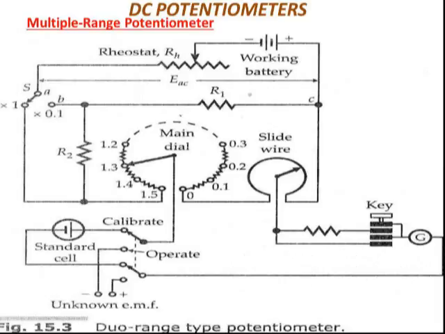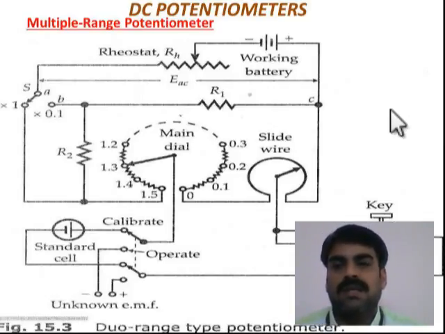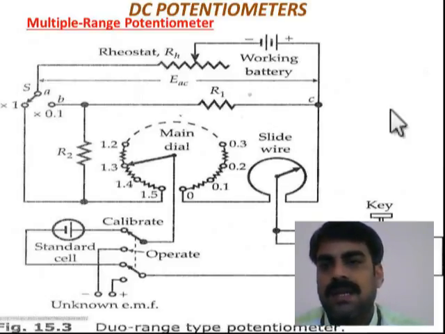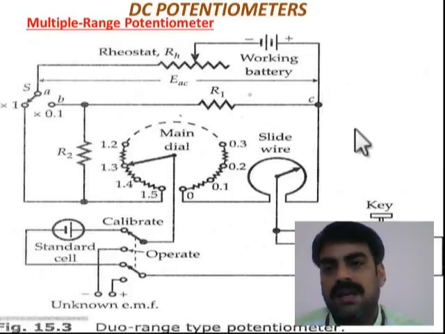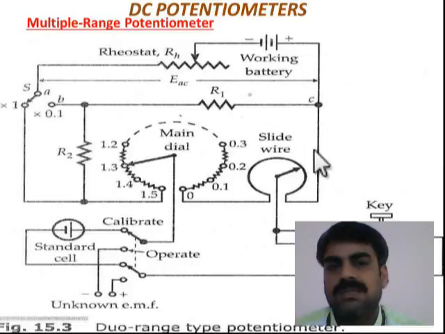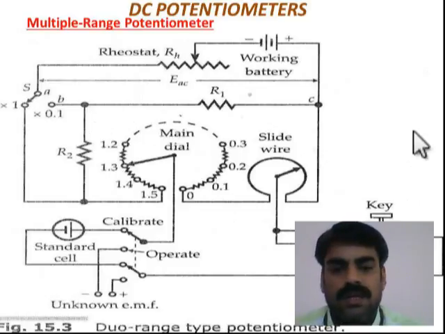Now here in this multi-range potentiometer, the key requirement is that irrespective of the range, the current drawn from the battery should be constant. That is the total current. Total current is the current drawn from the battery, whereas the current exactly flowing through the slide wire, we are going to name it IM and IM dash. So IM is when it is at range 1, IM dash is when it is at range 2. That is how we are going to continue our discussion.